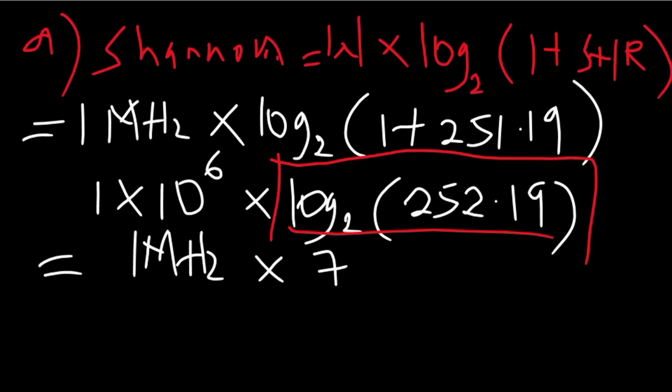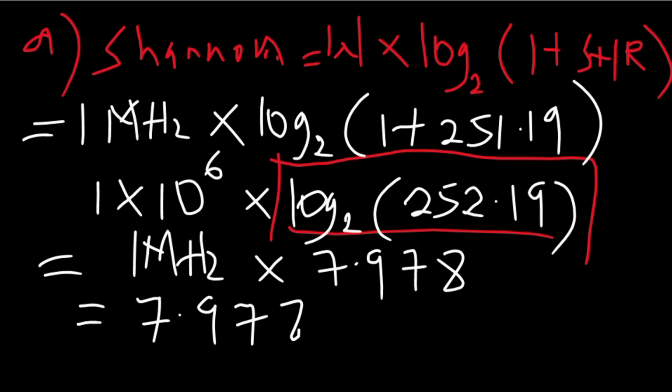Yes, so now as you can see, we have it to be simple. This multiplies the 1, so it becomes 7.978 megabits per second. Yes, so this is our Shannon capacity.